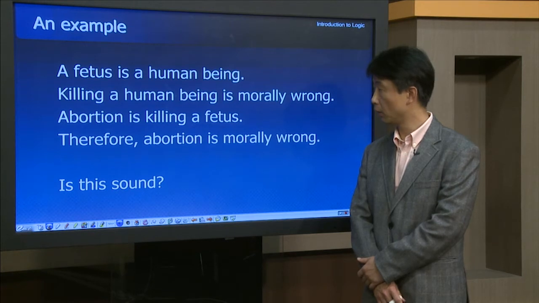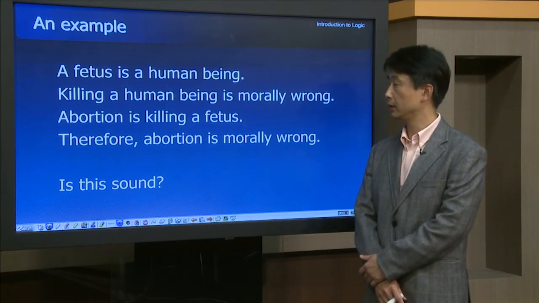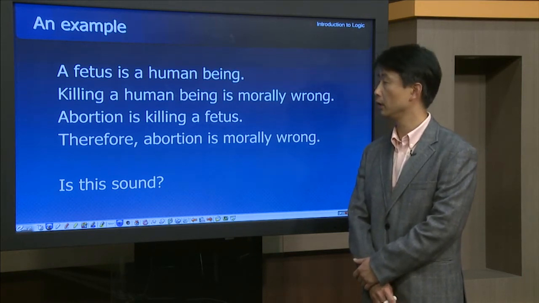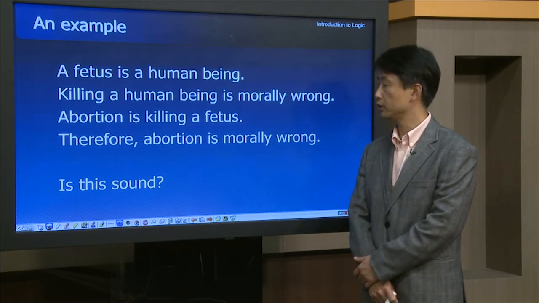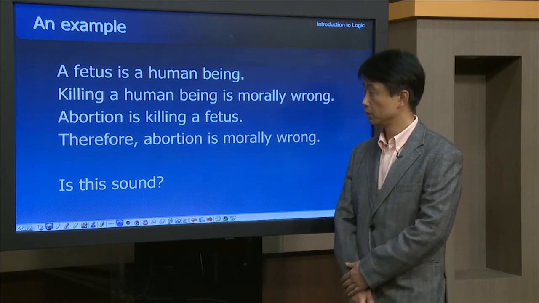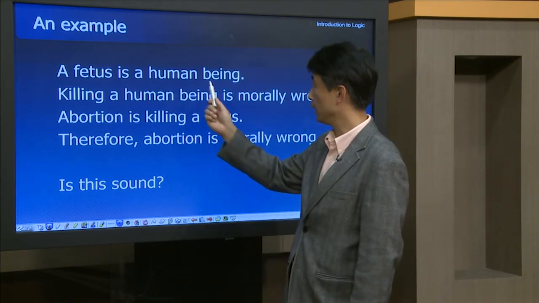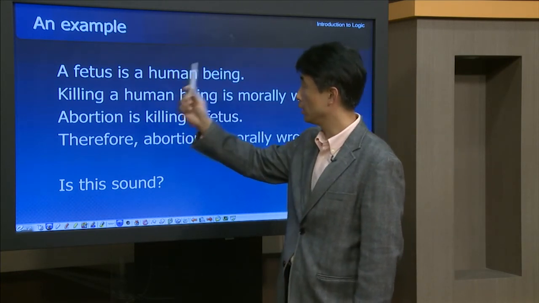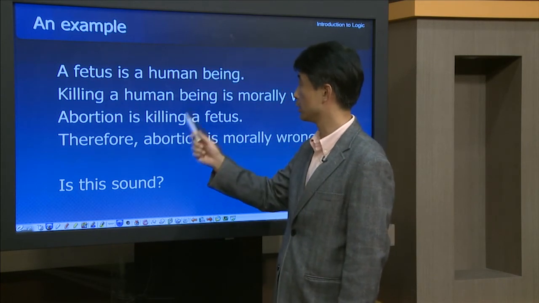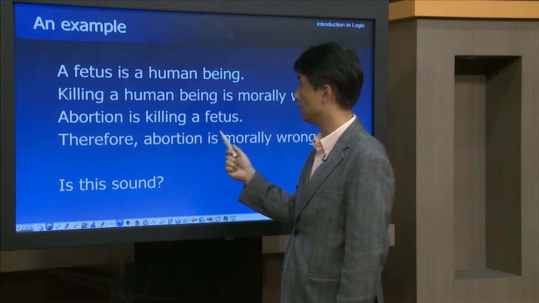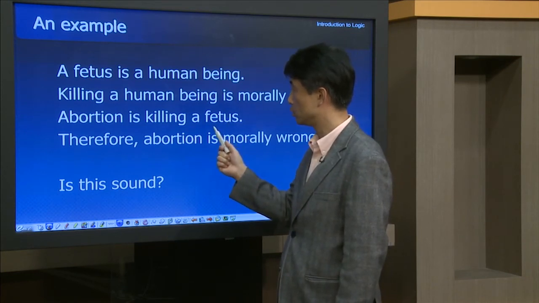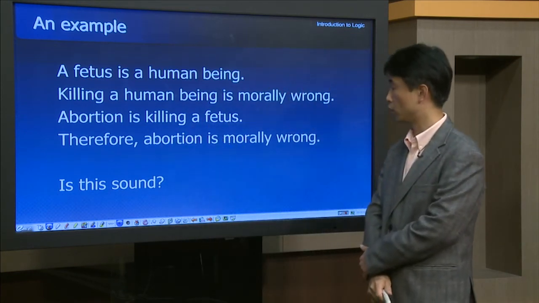Abortion is morally wrong. Why? A fetus is a human being. Killing a human being is morally wrong. Abortion is killing a fetus. So, a fetus is a human being, so killing a fetus is killing a human being, and abortion is killing a fetus. So, abortion is morally wrong.